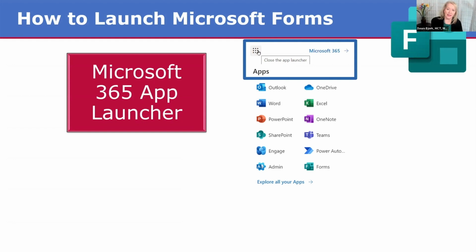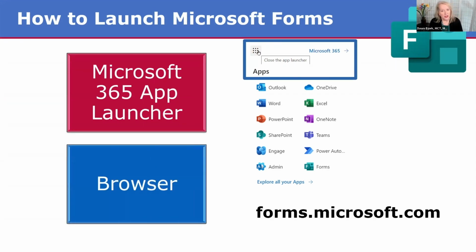And if you don't see it in the initial list, just simply choose Explore All Your Apps, and you'll find Microsoft Forms there. Another way is for you to do it through the browser, forms.microsoft.com. And that's another way to do that. So it's going to be attached to your Microsoft 365 credentials.